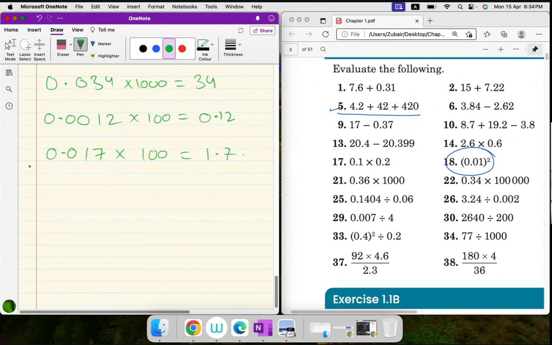When we multiply, the decimal moves to the right. When we divide, the decimal moves to the left in case of these zeroed numbers. Try 3.24 divided by 0.002.